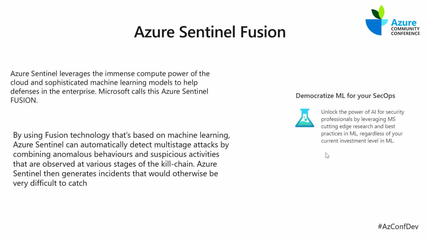Azure Sentinel Fusion. Azure Sentinel actually uses machine learning, and that machine learning concept is called Fusion. Azure Sentinel Fusion is built especially to reduce alert fatigue. The three pillars in Azure Sentinel include Fusion, the built-in machine learning, and an option to build your own machine learning.